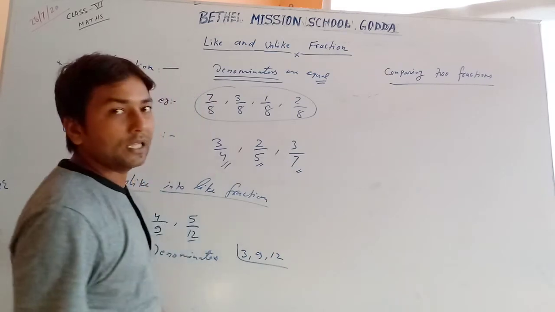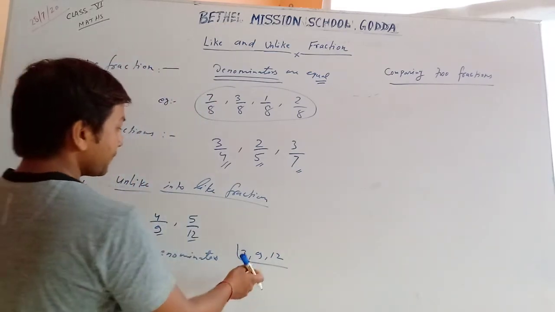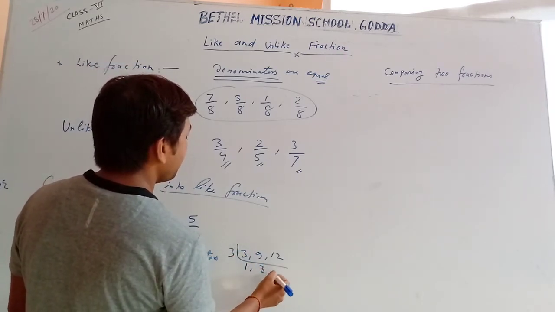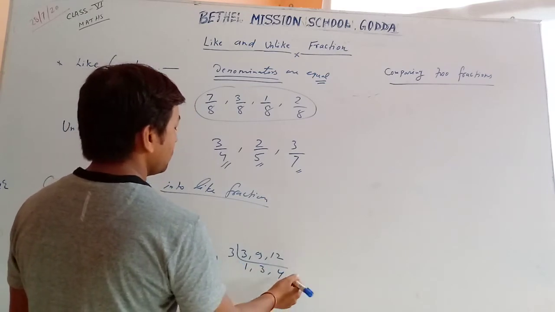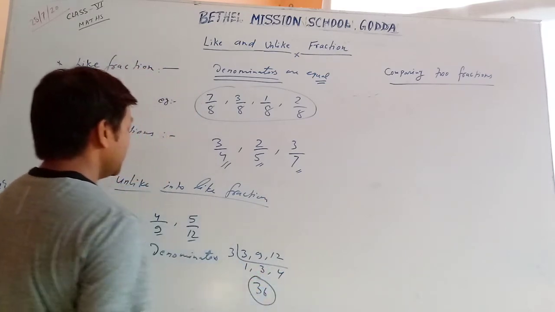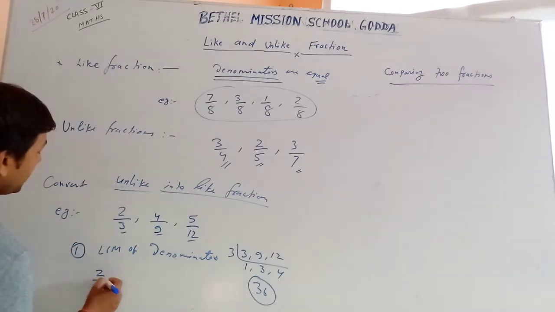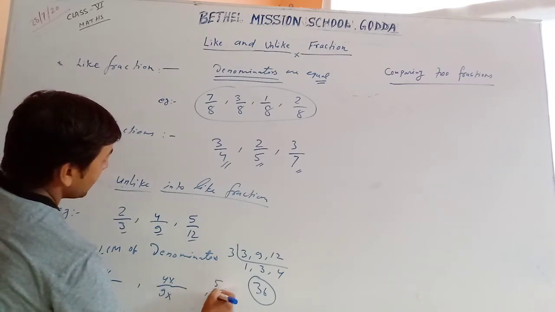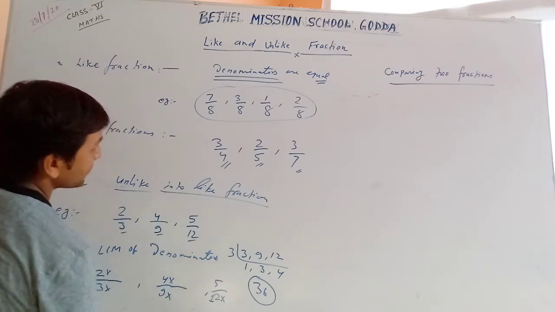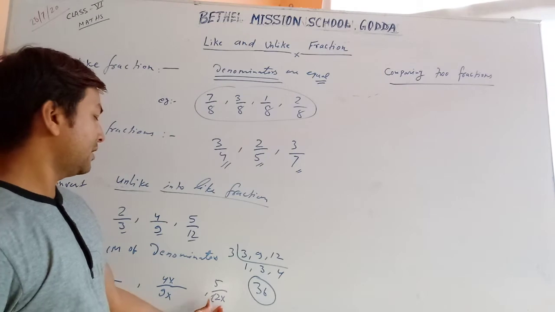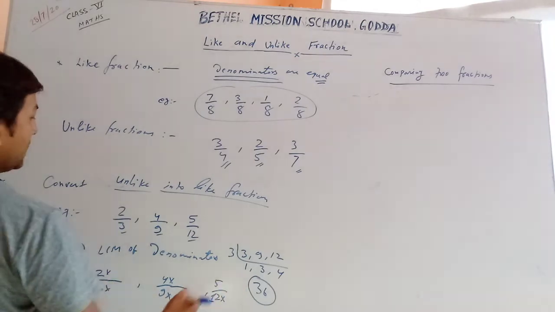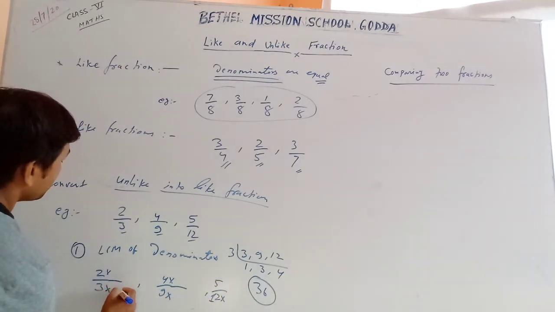First we find the LCM, which is 36. Second, you will convert all the fractions into like fractions, meaning you have to make the denominators 36 at any rate. For 36, you multiply 12 by 3.